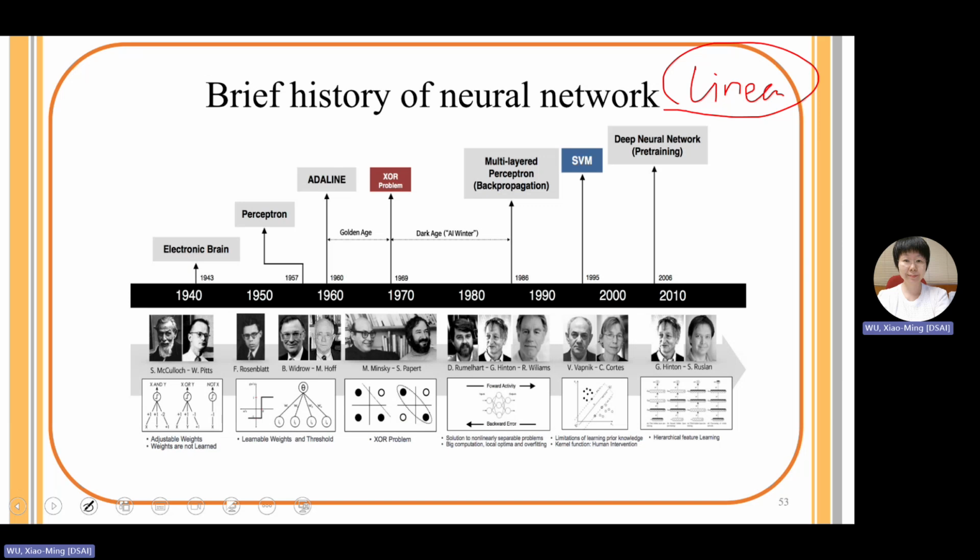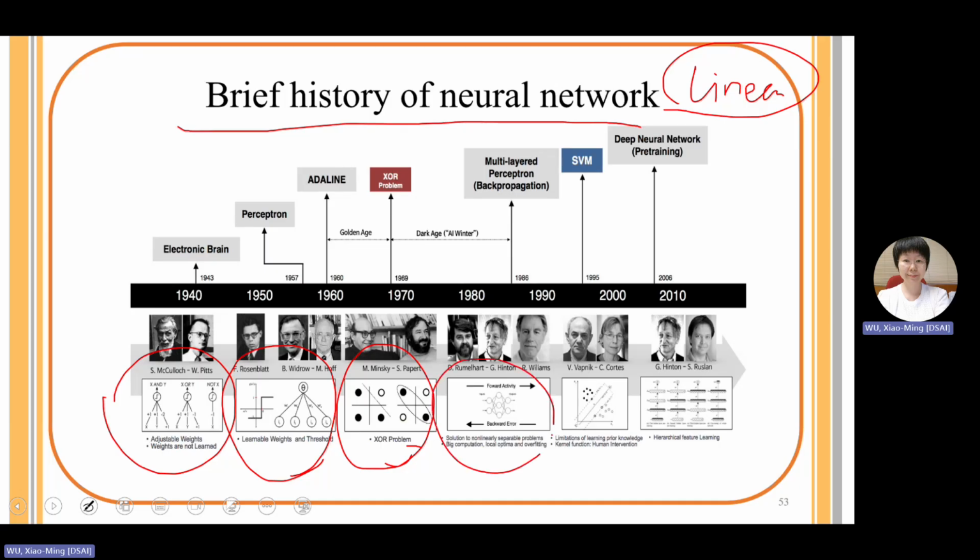Here's a brief history of neural networks. As you can see, all those techniques, the XOR function, multi-layer perceptron, were already developed decades before the deep learning era. How to train a neural network, the LSTM, multi-layer perceptron, backpropagation, all these techniques already existed decades ago.